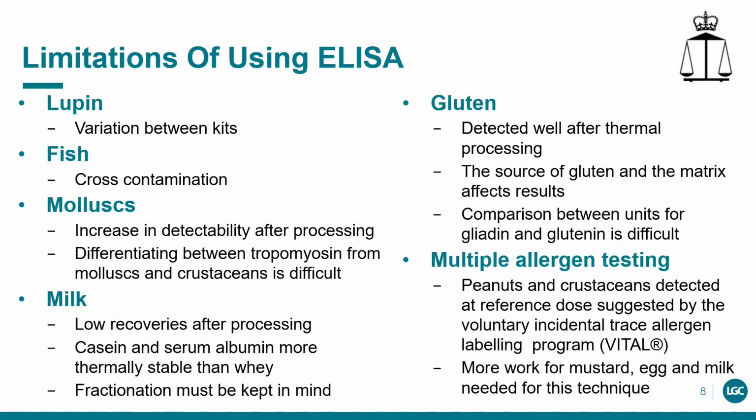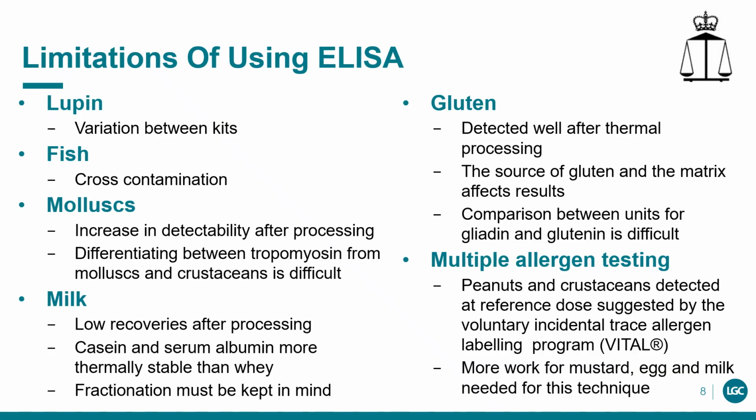Conversely, milk presented only 2 to 10% recovery after processing. Gluten is well detected following thermal processing, although the matrix and source of gluten can affect the results significantly. For example, one study showed 100% recoveries with sausage, boiled beef, tomato sauce, and orange juice, and only 30% recovery for jam.